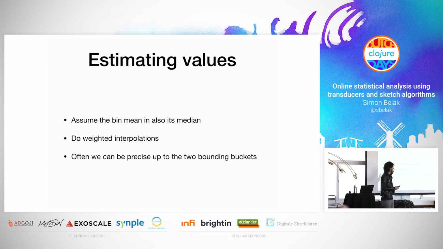So the bin mean is the point where each bin is centered, and the assumption is that of all the points that fall into this bin, half are going to be less than this point, and half are going to be more. So it's exactly at that center. You can have pathological data where this doesn't hold, but in practice I haven't found many pathological cases where that would be a huge issue.